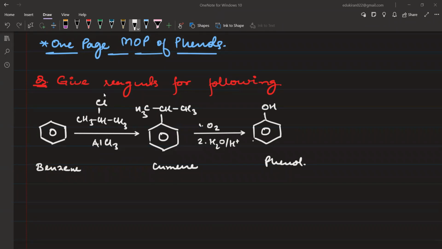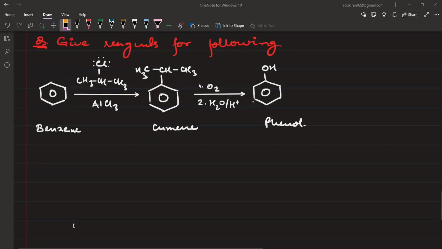First of all, this Cl attacks on this aluminium, and then the reaction happens, and we get a positive charge here. Then this benzene attacks. It is completely 11th standard chemistry, and we have also seen this in haloalkanes and haloarenes. If you revise haloalkanes and haloarenes, you will see this reaction, not exactly this, but Friedel-Crafts alkylation and one or two variations of it.